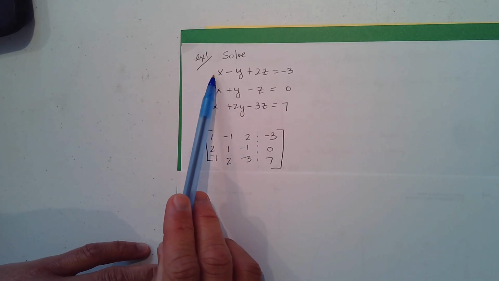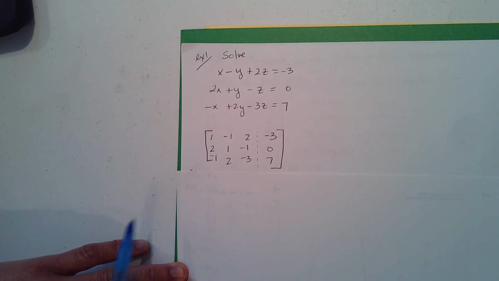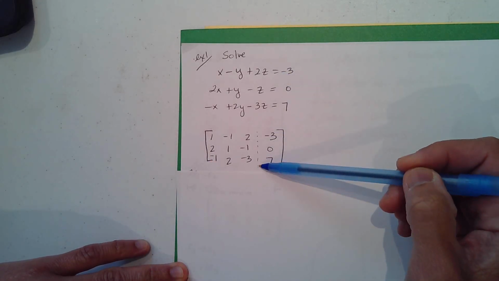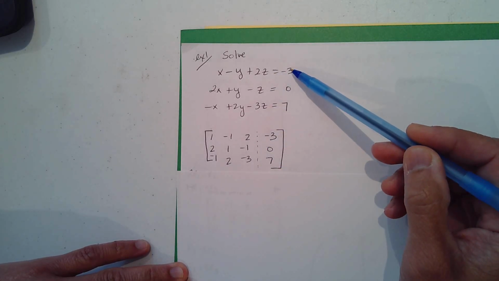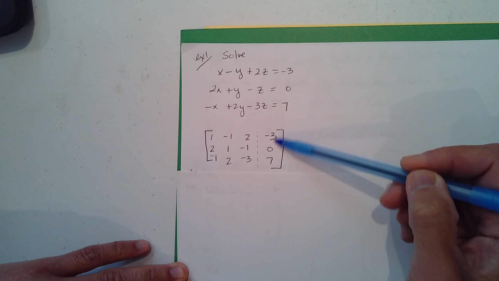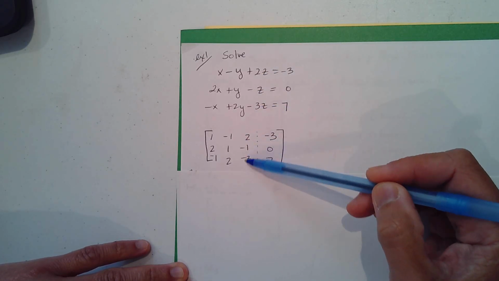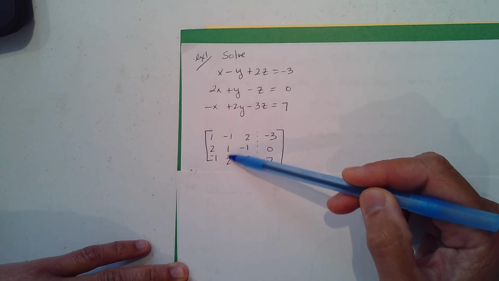So for example, 1, 2, negative 1. This broken line represents the equal signs. And then we have negative 3, 0, 7, 2, negative 1, negative 3, 2, negative 1, negative 3, negative 1, 1, 2, negative 1, 1, 2.